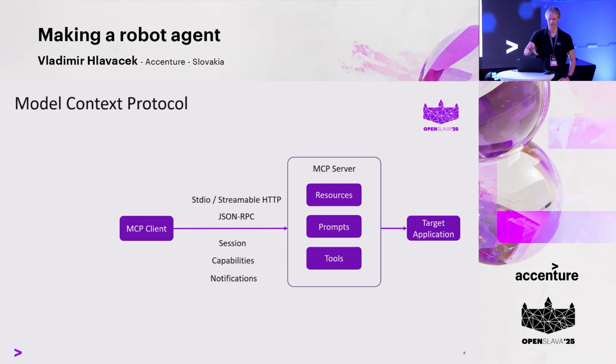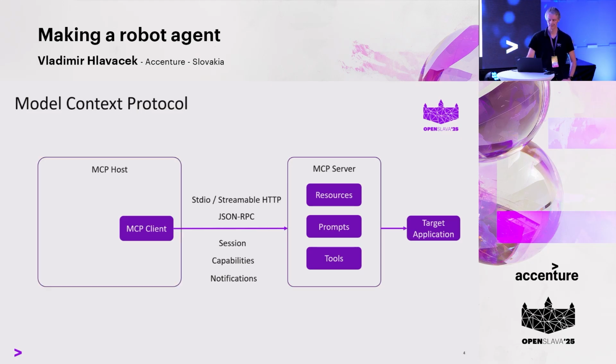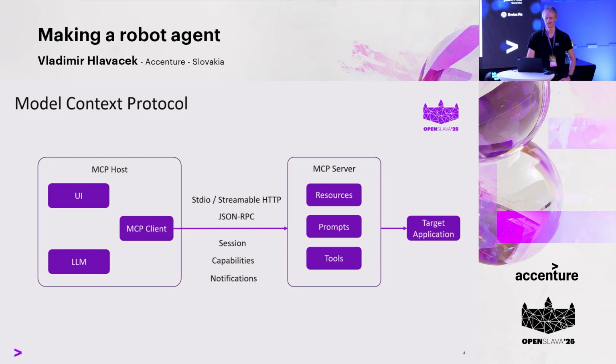And so this is the server part. On the client part, typically the clients are running in what we can call an MCP host, which wraps the functionality that you are actually using, right? So it has some sort of a UI, be it the command line or the chat interface. It typically wraps some sort of an LLM, which does all the logic behind it.